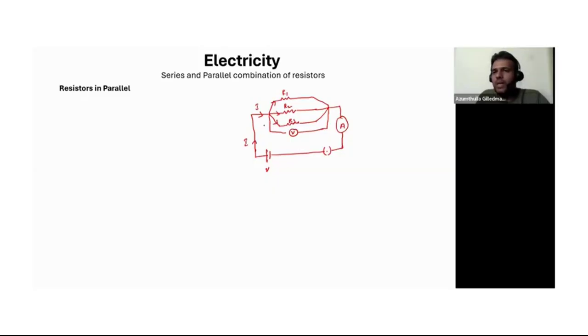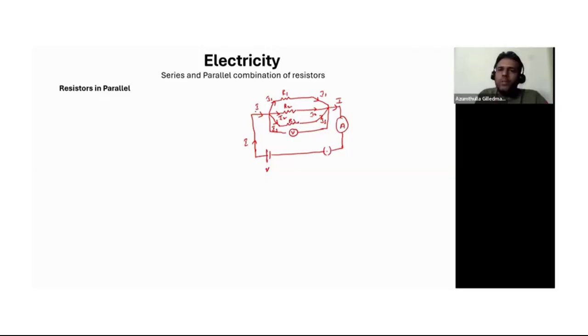The same amount of current cannot flow. So then this divides into I1, I2, and I3 across each resistor. And here also I1 current, I2 current, and here I3 current. Here I1 plus I2 plus I3, that means here again it is I, the total current. So it divides and then at the end it joins.